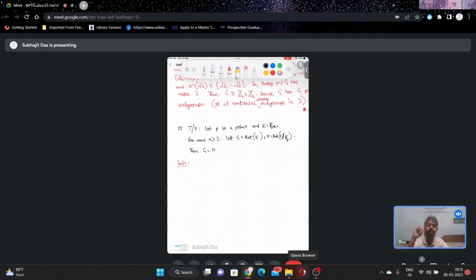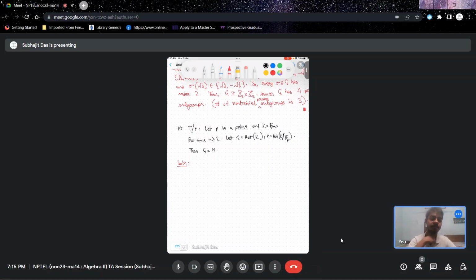We need to decide whether it is true or false that the group G is the same as the group H. Certainly H is a subgroup of G. Indeed, an automorphism of K fixing F_p elementwise is an automorphism of K by definition, so H is contained in G. We need to figure out whether G is exactly equal to H, that is, whether any arbitrary automorphism of K fixes F_p elementwise.